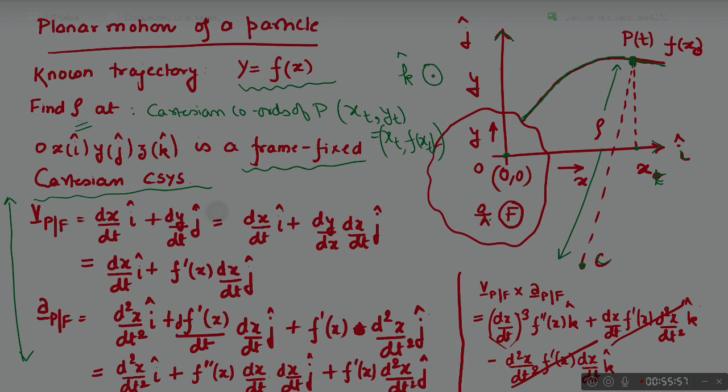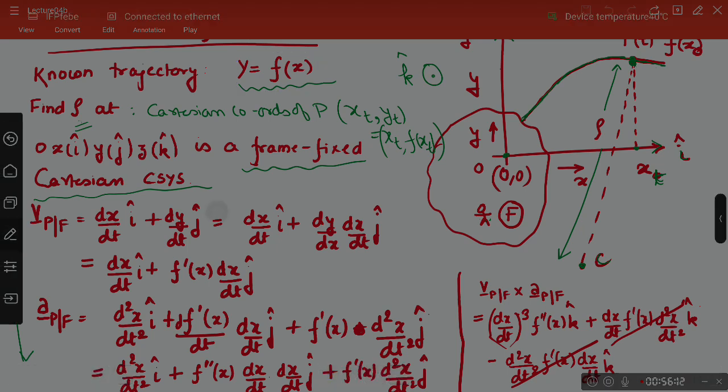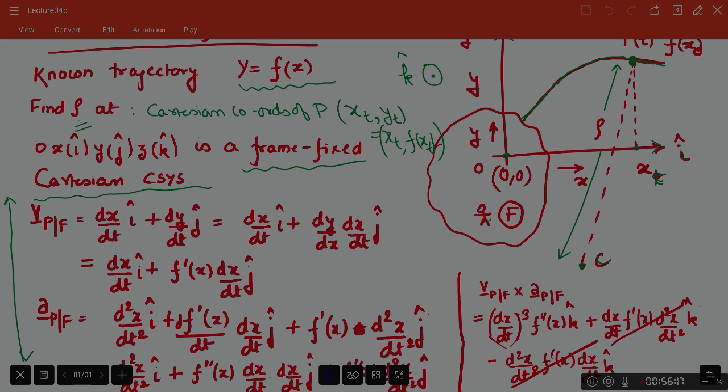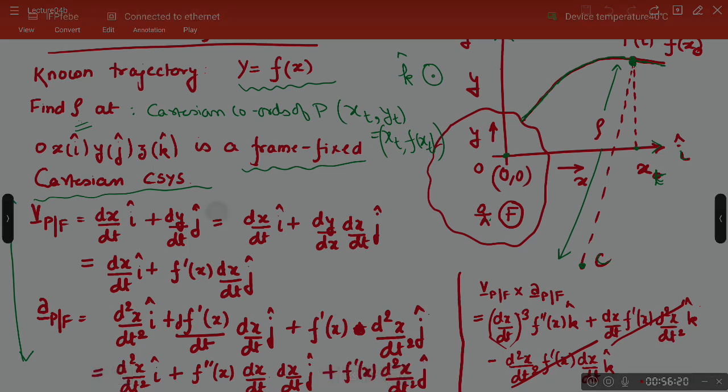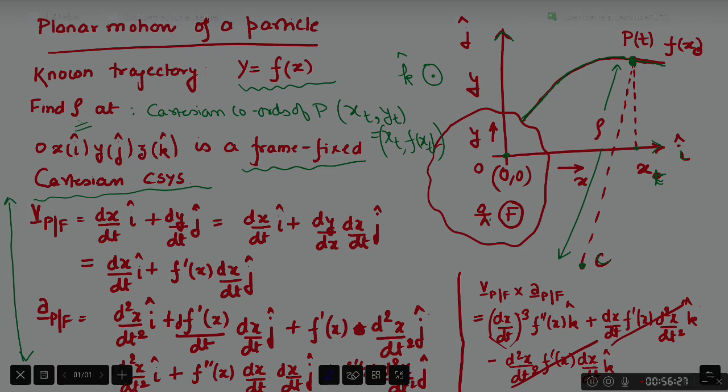Further, we assume that the trajectory of the particle is known. The trajectory is of this form, f of x is known. If you look at this figure on the right hand side of the slide, I am showing a frame fixed Cartesian coordinate system.